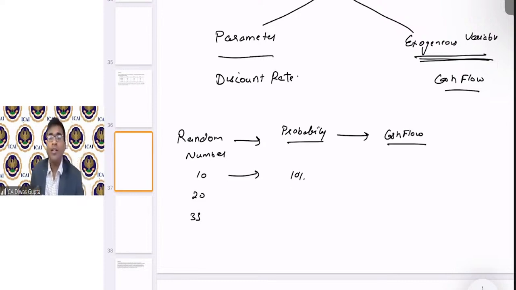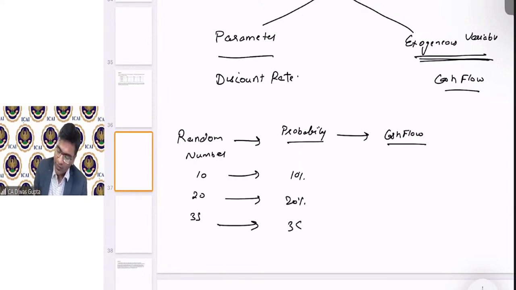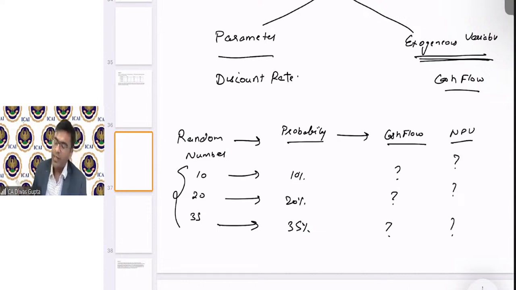Similarly, what is the cash flow on 20% probability? What is the cash flow on 35% probability? These are three different simulations, right? And hence, what is the NPV on these three different simulations? Like this, there will be thousands of simulations, and hence we will arrive at that NPV.